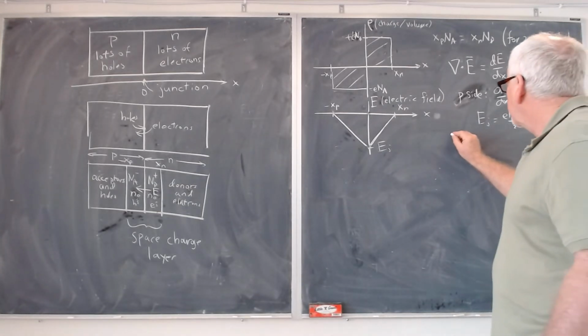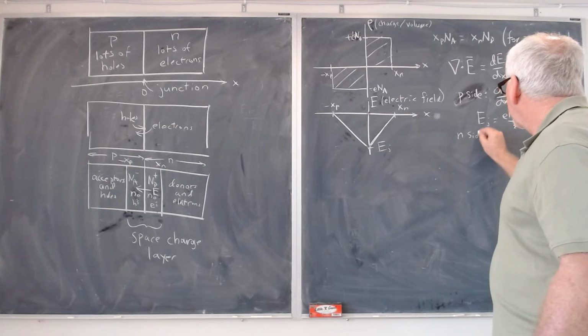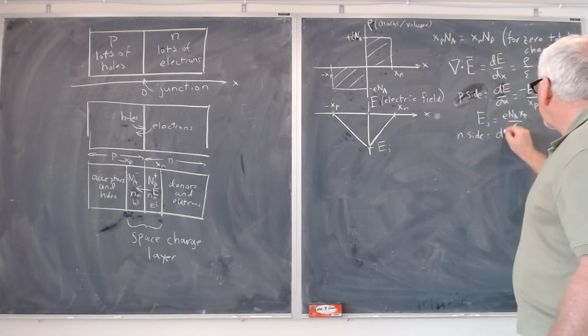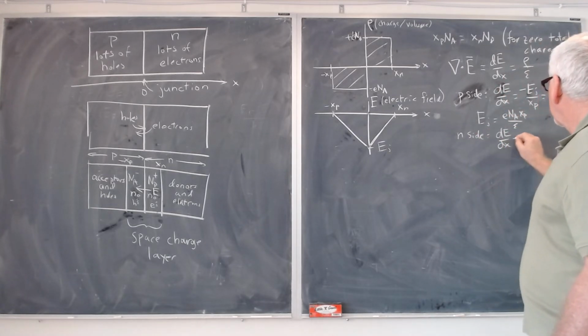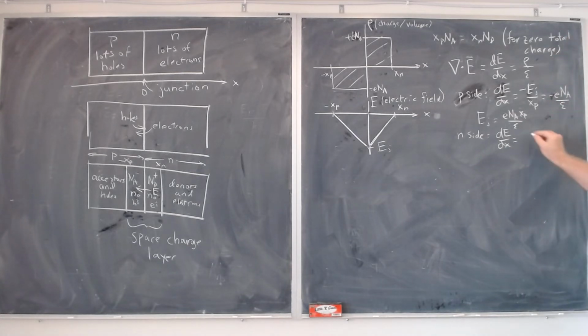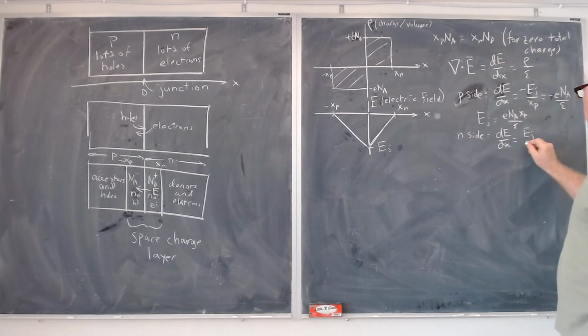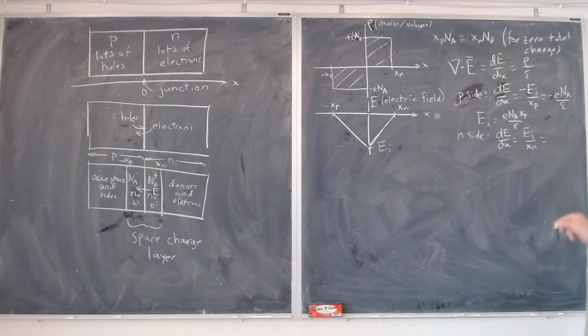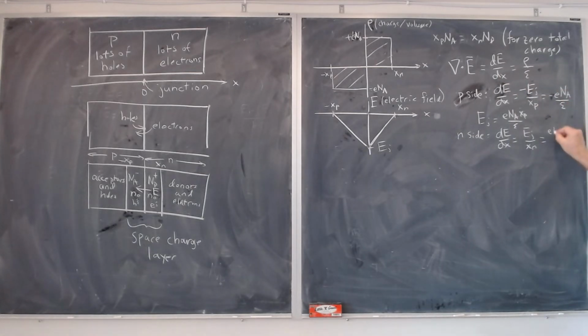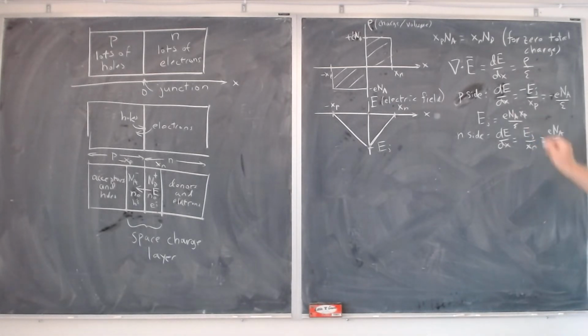Now on the n side, you do the same thing. On the n side, dE/dx is equal to E_j over x_n. And that's equal to, by Maxwell's equation, the charge density, q N_D over epsilon. I'm going to solve for E_j from the n side, and I'm just going to put it up there.